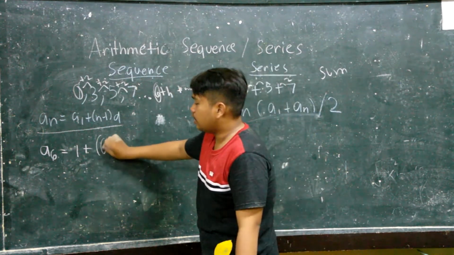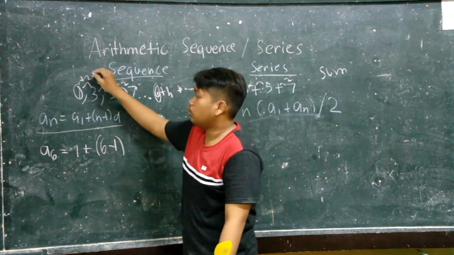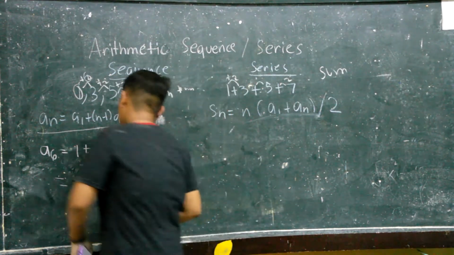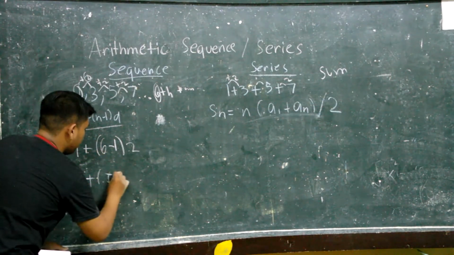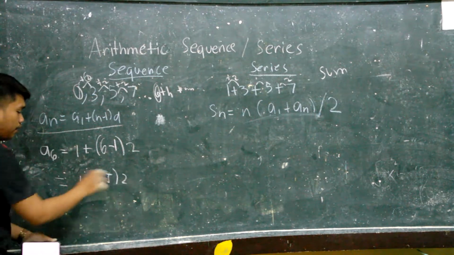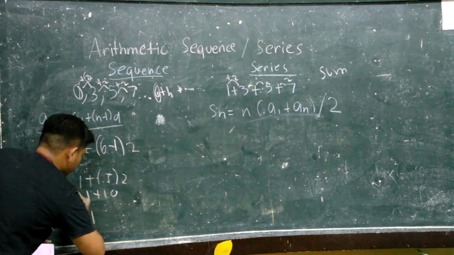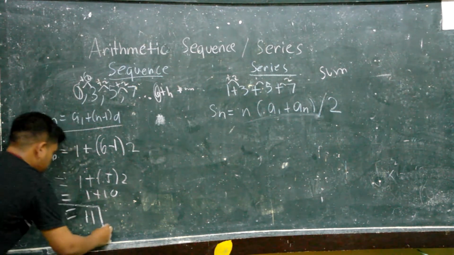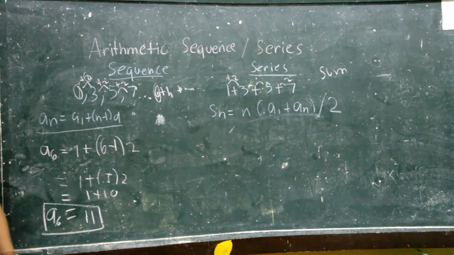So 6 minus 1, and we know that the common difference is 2. So 1 plus 6 minus 1, which is 5, times 2. So 5 times 2 is 10, plus 1 is equal to 11. So the sixth term is 11.